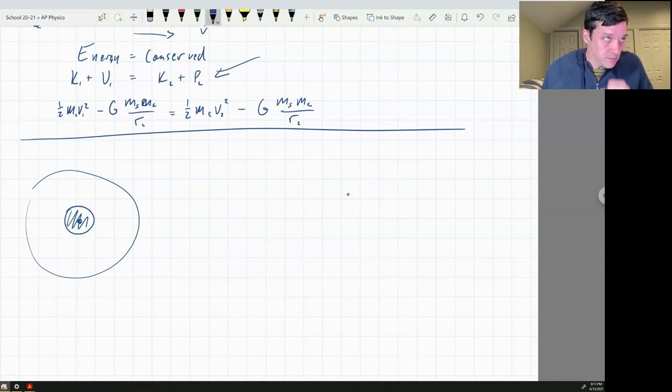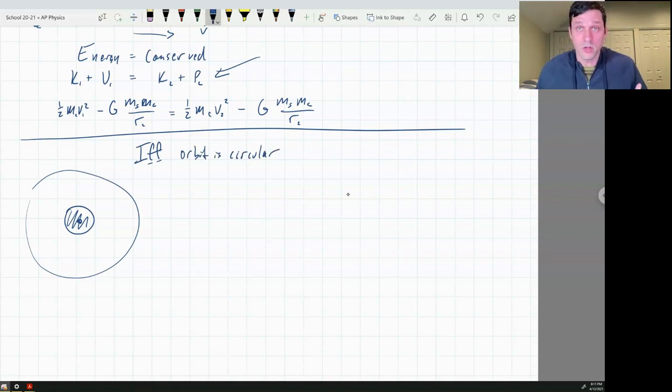And that comes if and only if. I don't know if you've seen "if" with two F's, if and only if the orbit is circular, then we can revert back to circular motion stuff.